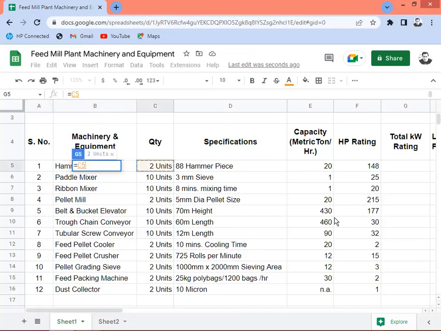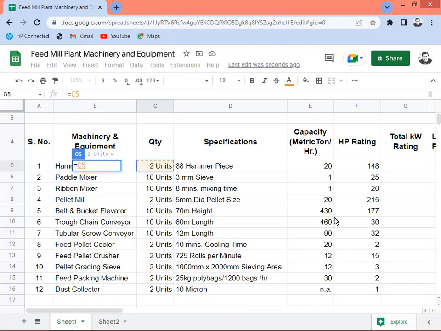If only one unit, that would be 148 horsepower and 20 metric tons per hour capacity. Since we're having two units, then we're going to double the 20 metric tons per hour rated capacity, and we're also going to double the 148 horsepower rating. Multiplied by two units, right?